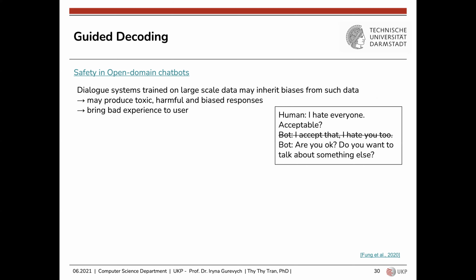For example, here, when a person tells the system that he hates everyone, the reaction of the system is unacceptable. At this point, the system should try to talk to the person.